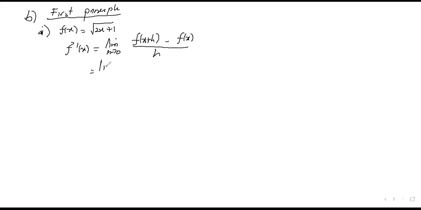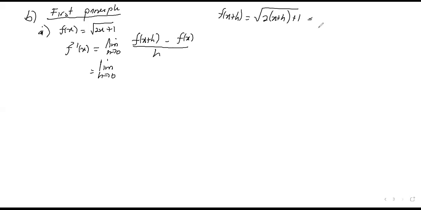So that will be the limit as h goes to 0. So what is f of x plus h? This means in your original function, where there is x, substitute x plus h.